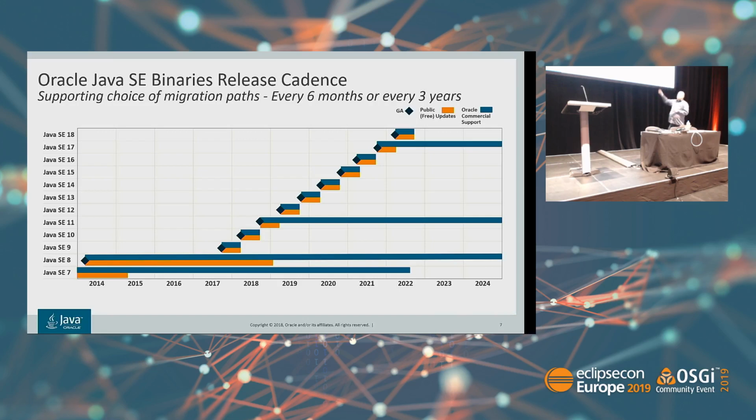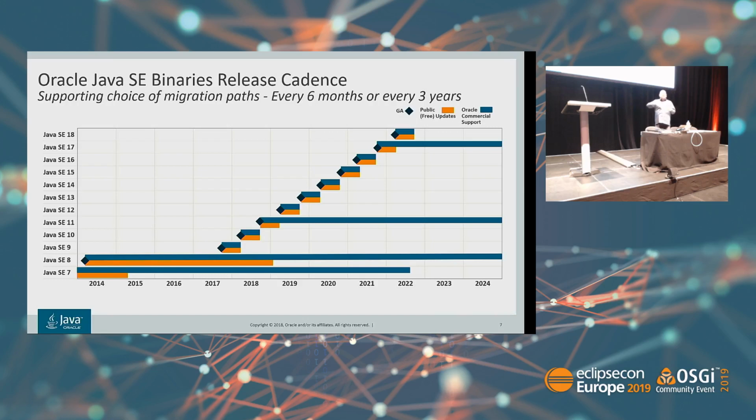But then we also offer, for those customers who prefer to stay on a version for a longer period of time, long-term support versions. And these are also available both from Oracle as well as from other parties. And this means that there are different migration paths.